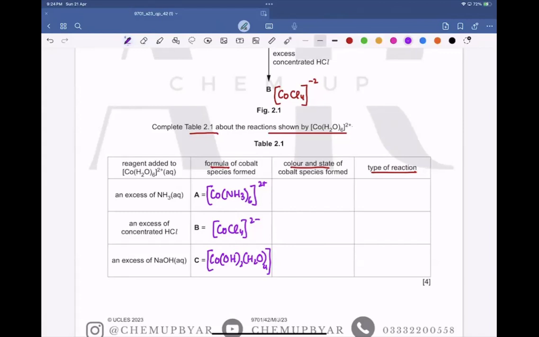Okay. Now, they are asking for the colors of the solution. So if you recall, when ammine is a ligand with the cobalt, it will form a brown solution. And with the chloride, there is a blue solution. And with the hydroxide, if I recall, it's a pink precipitate or blue precipitate.